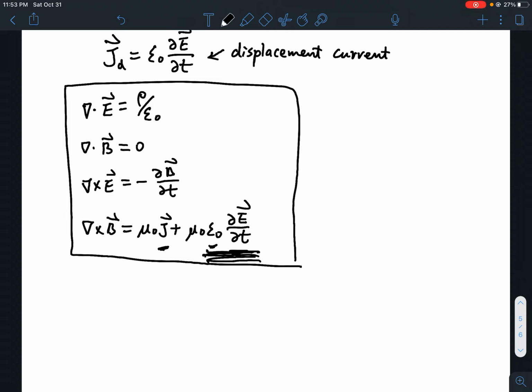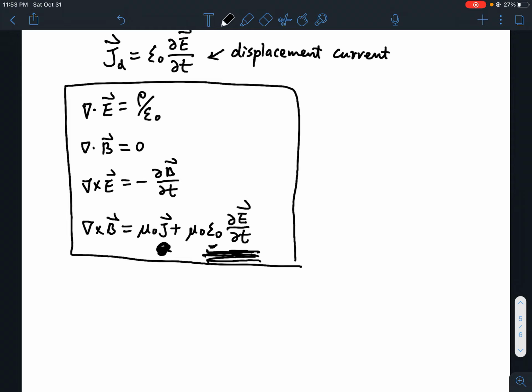When we talk about a current, we always say it is a flow of real charges. Only this term has the dimension of current density, that is added to the usual current J that is used in Ampere's law.